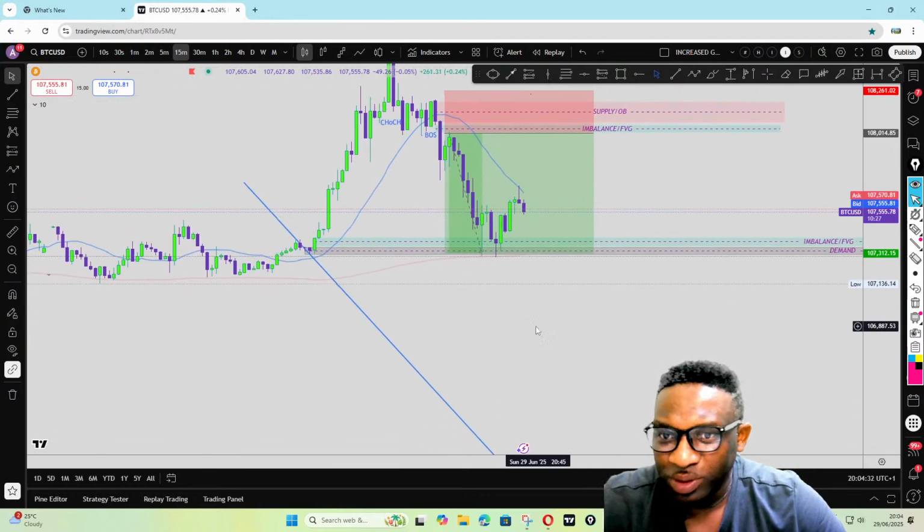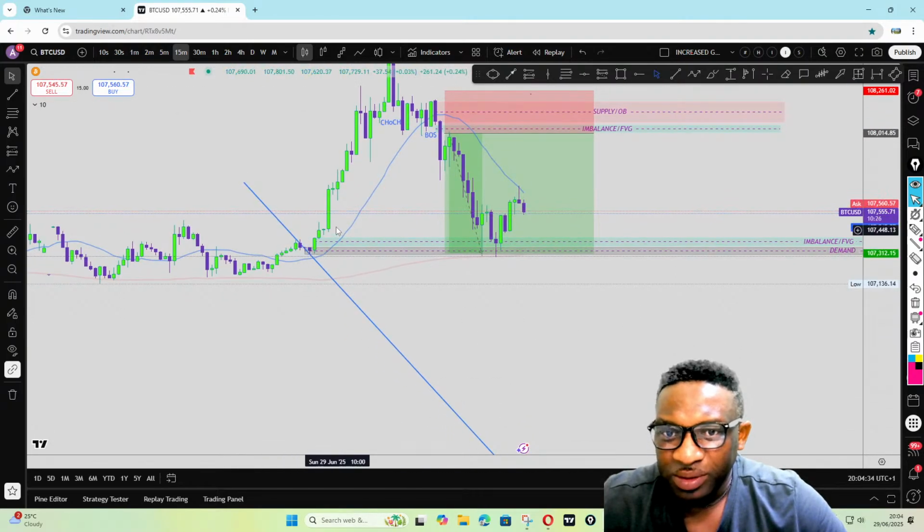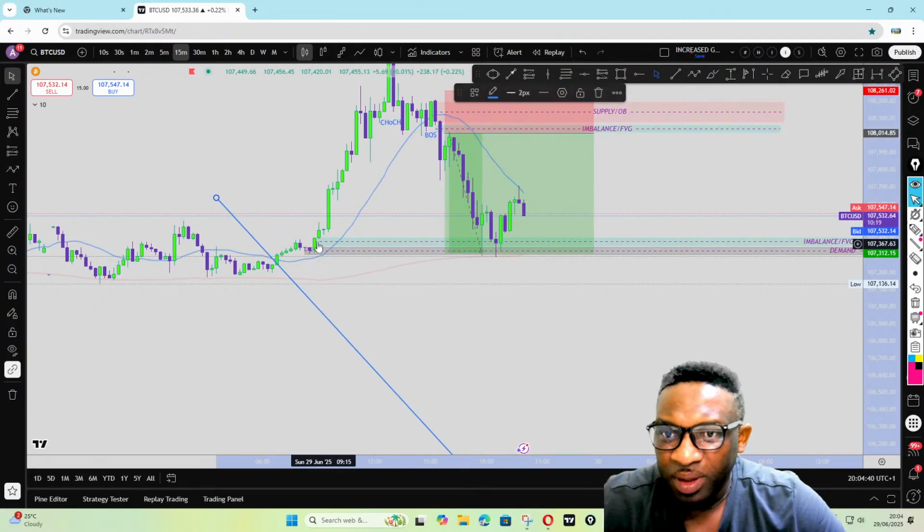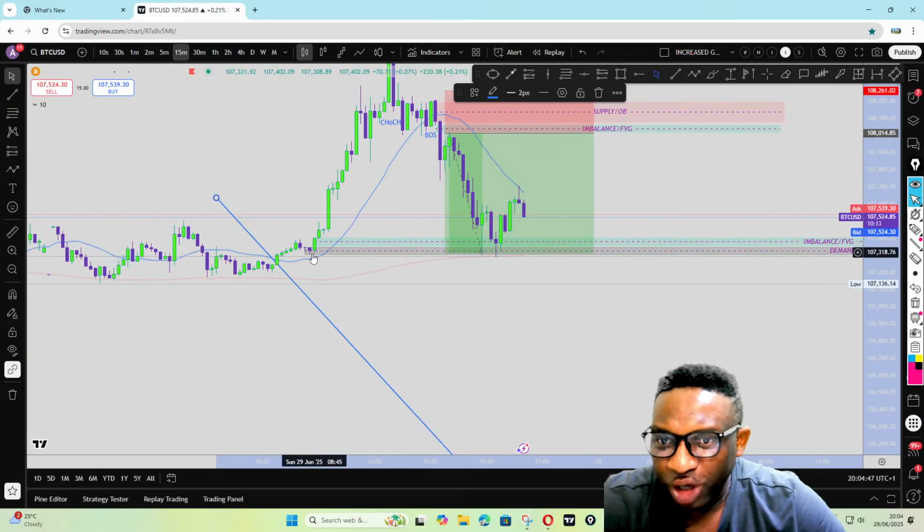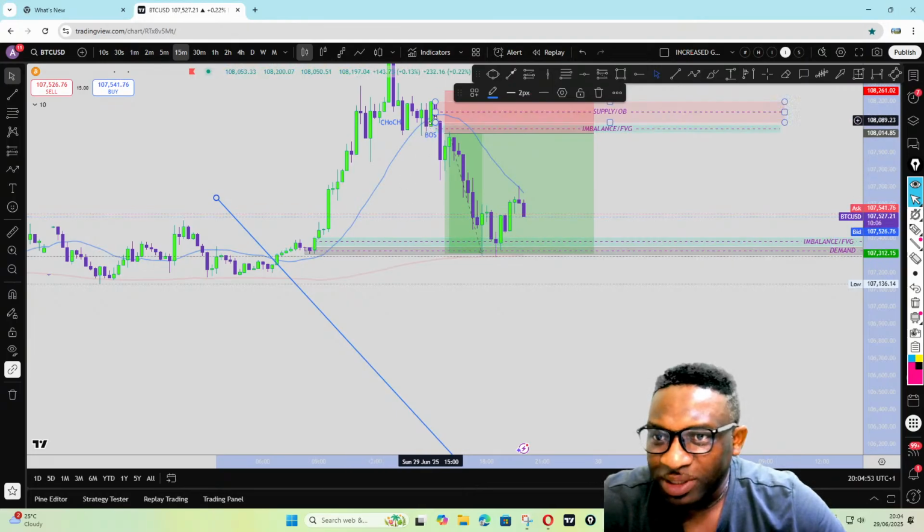So my target was this area. Before this move started, this is the origin of the move. Let me take this out. This is the origin of the move that I identified on the chart, and attached to the origin, attached to this demand area, is an imbalance. So this is what attracted price.